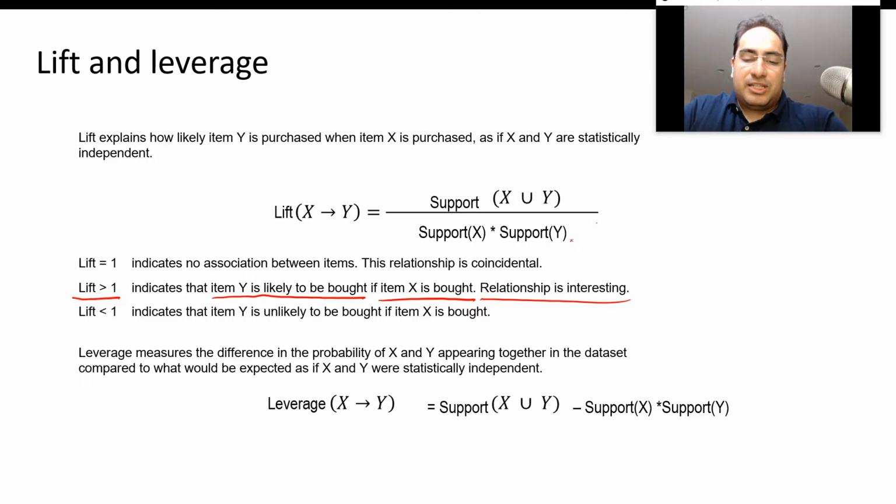But if their support or popularity is very high by itself, and the support after the union is not very high, then we may have lift equal to 1, which means there is no association between them. The relationship is coincidental. And if it's lower than 1, it indicates that item Y is unlikely to be bought if item X is bought.